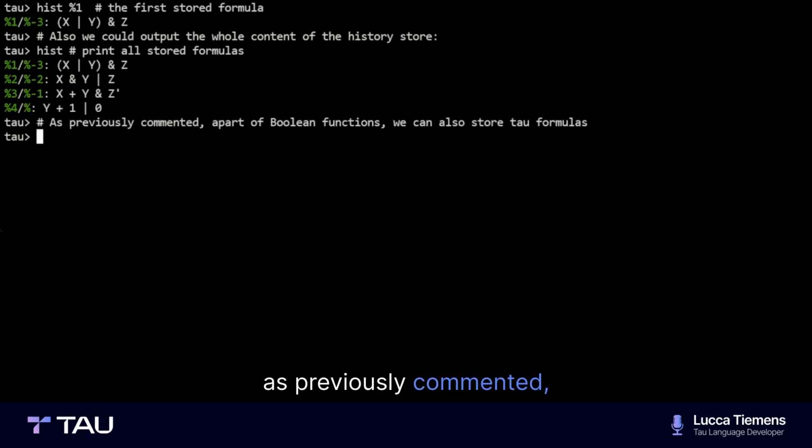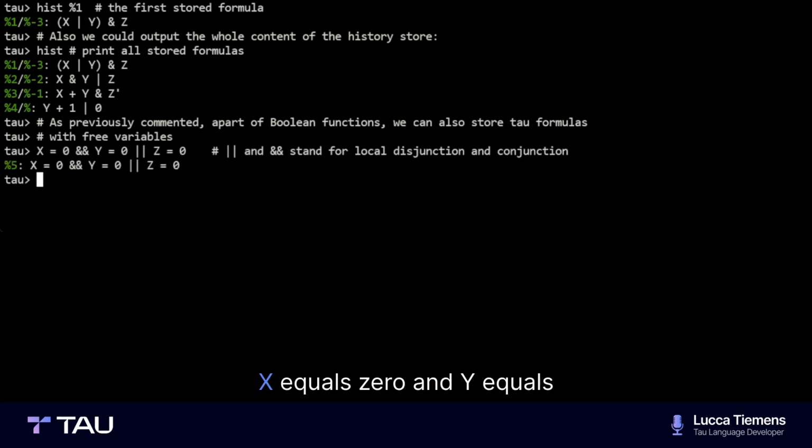As previously commented, apart from Boolean functions, we can also store Tau formulas with free variables. For example, x = 0 && y = 0 || z = 0. Note that when talking about Tau formulas, we are not using the same connectives as when talking about Boolean functions, to distinguish the Boolean function layer from the logical layer of the Tau formulas.